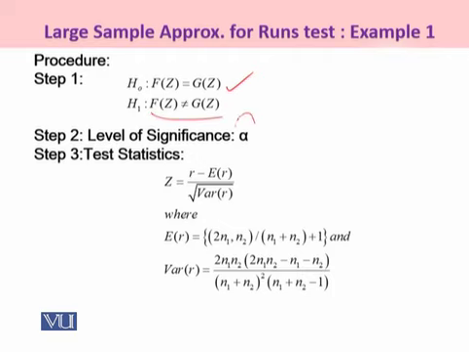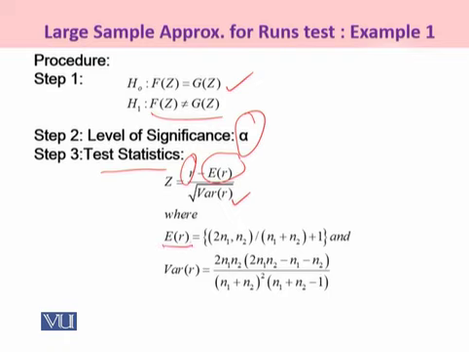Step number 2, alpha, which is 0.05. Under step 3 we have the test statistic, where we have taken the Z, a standard normal variable, that is equal to R, the total number of runs, minus the expected value of the runs, divided by the standard deviation or the standard error of the runs.